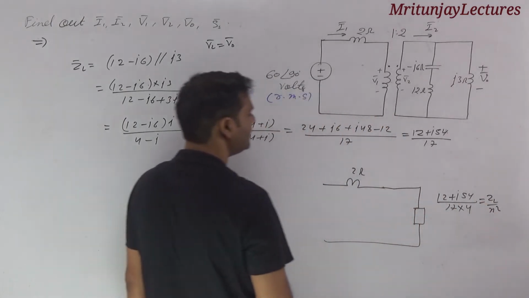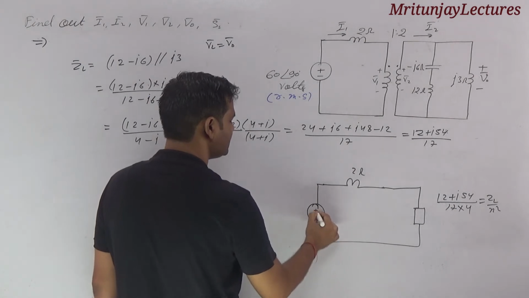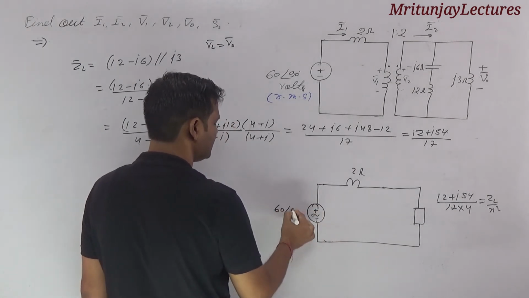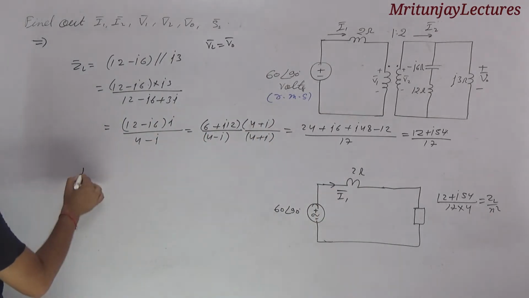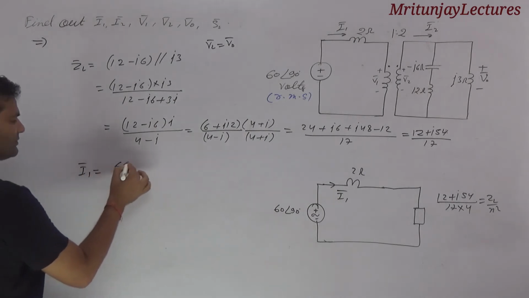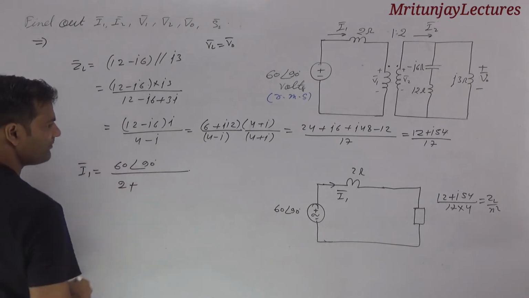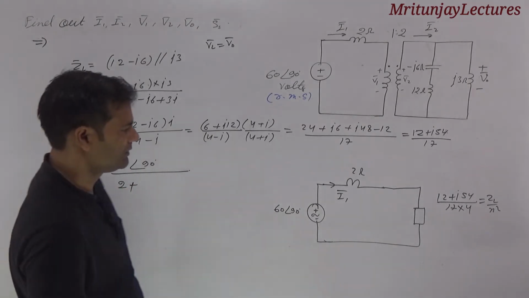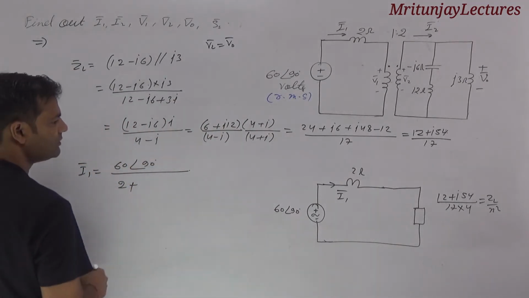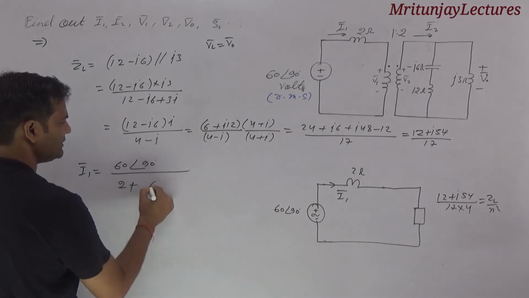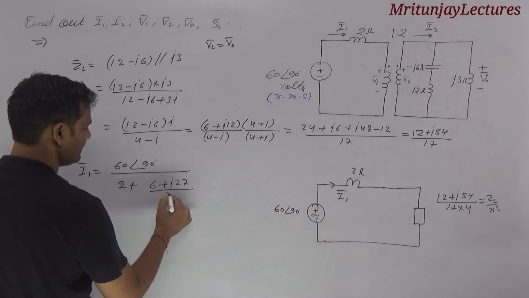So here, the supply voltage is 60 at the angle 90 degree. And what about the current I1? I1 is equal to 60 at the angle 90 degree divided by 2 plus this one, which is also written as 6 plus j27 divided by 34.